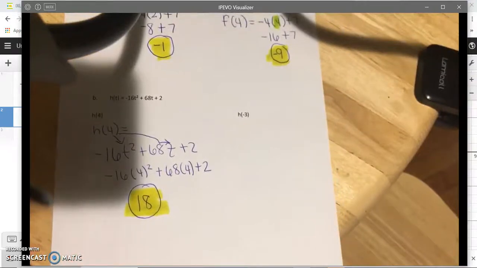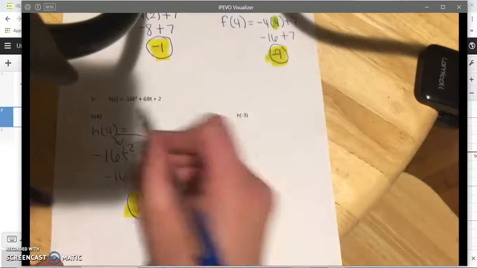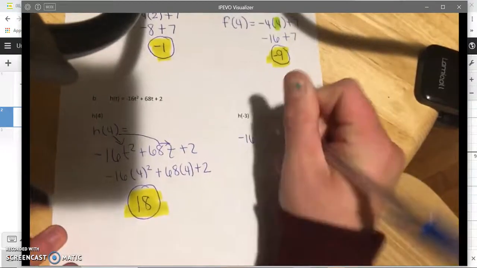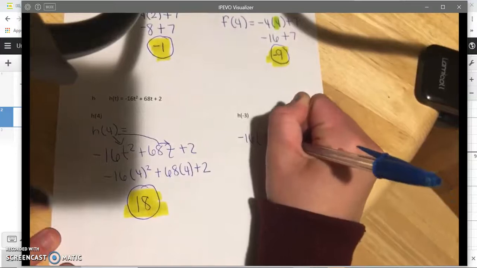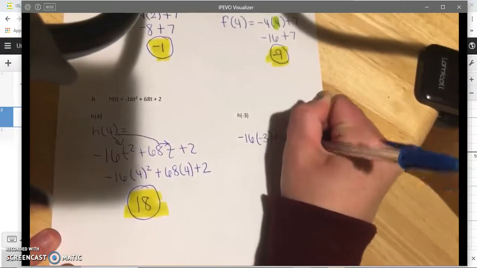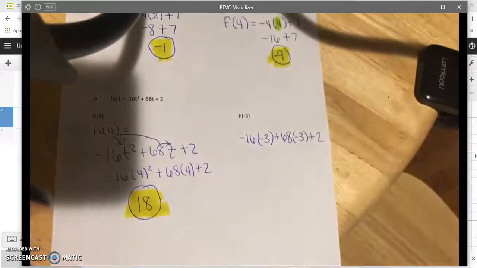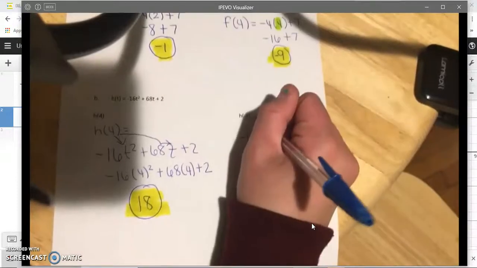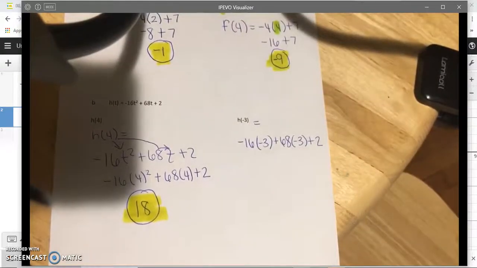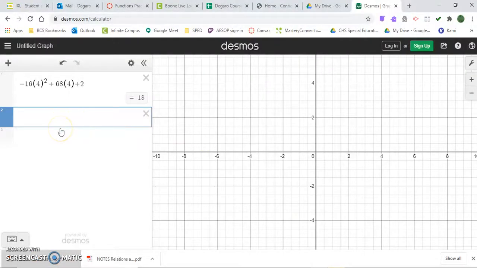And for our last problem, all we're doing is plugging -3 into our equation. So -16 times -3 plus 68 times -3 plus 2. So h of -3 equals, go back to your Desmos, you have -16 parentheses and -3 plus 68 times -3.